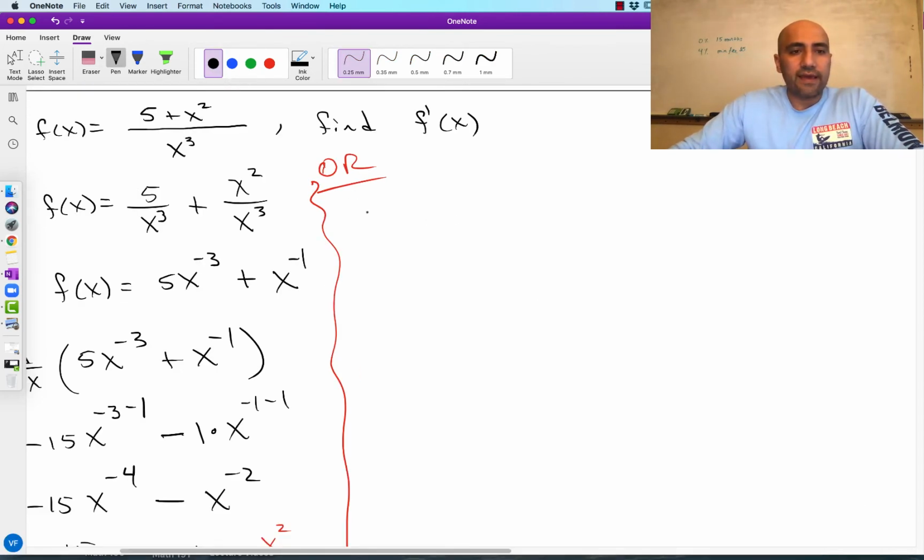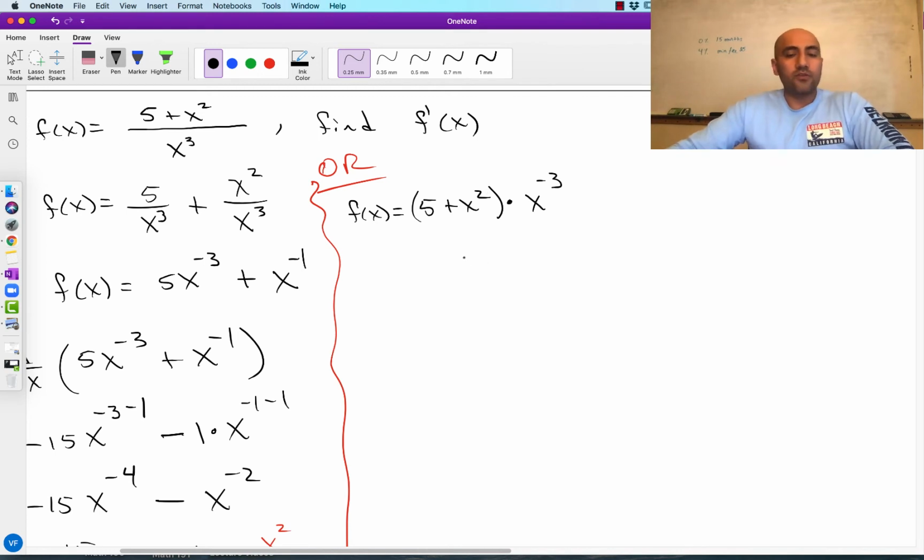So instead of thinking of our f of x function like this, we could say that f of x is actually equal to 5 plus x squared times x to the negative 3. And so now we have a multiplication. So we can use our product rule. So now let's apply our product rule.